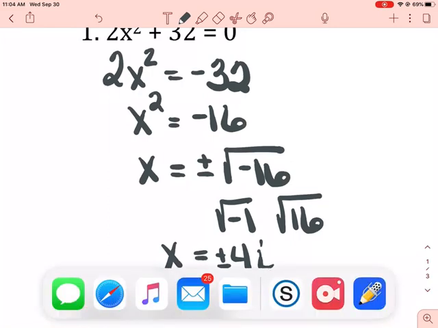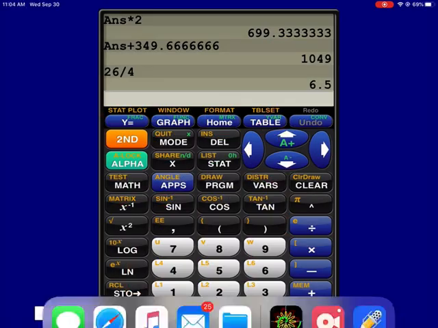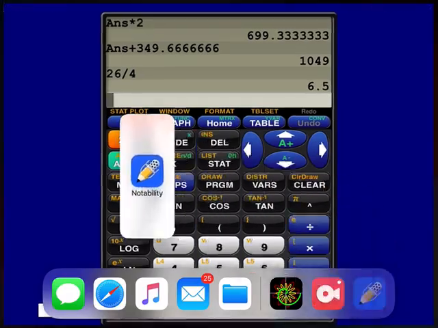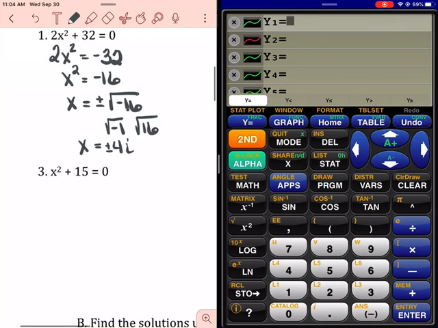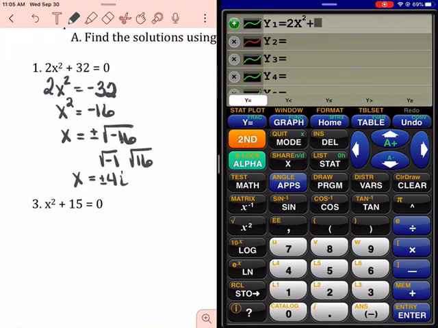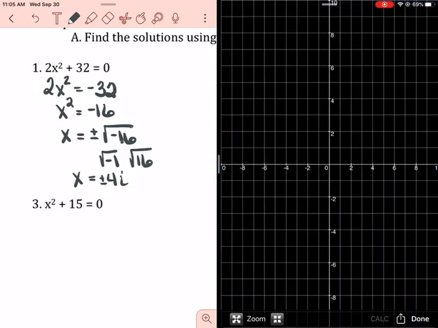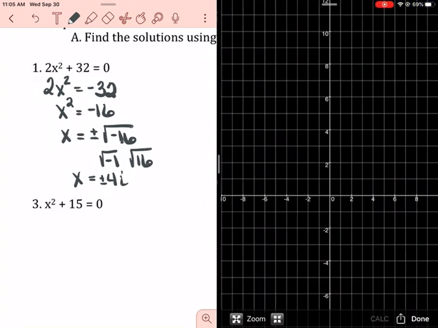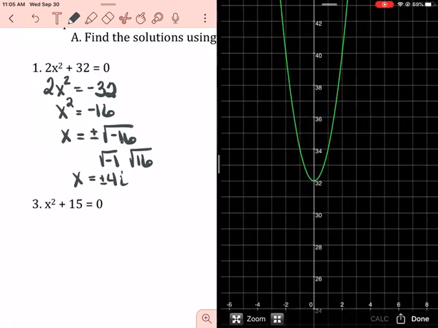Just to show you that, let's use our calculator for a second. If I go to y equals and put in 2x squared plus 32, and graph, in standard window, notice it's not crossing the axis anywhere.